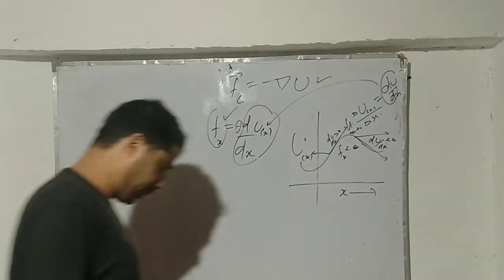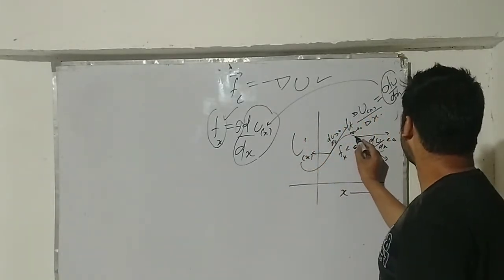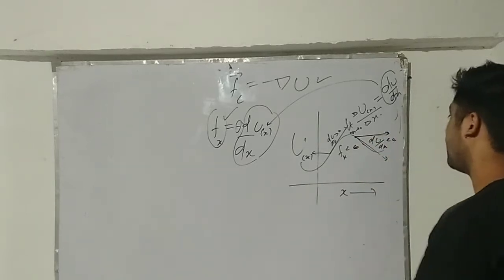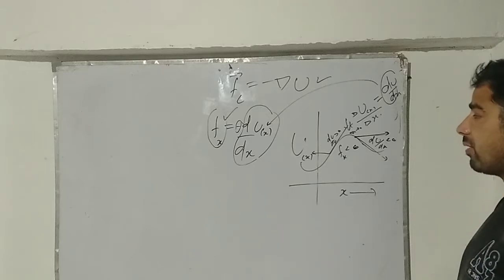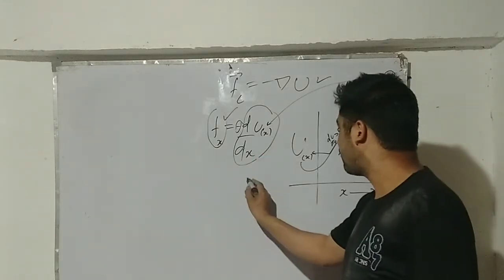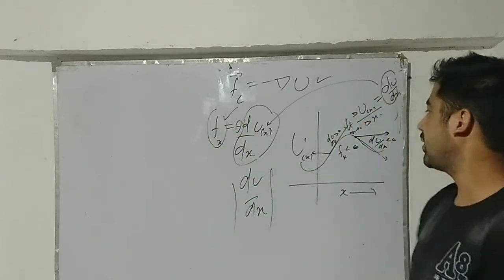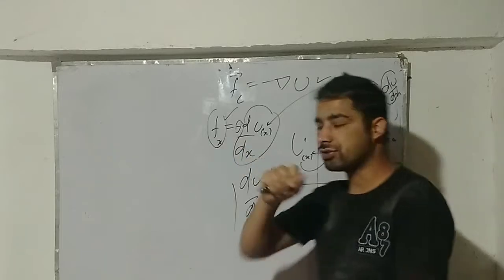So if I make my analysis further, at any point I can draw the direction of force. At the same time, I can find its magnitude. The magnitude will be found by means of du by dx. By this way I will get a number that represents the magnitude of this force.